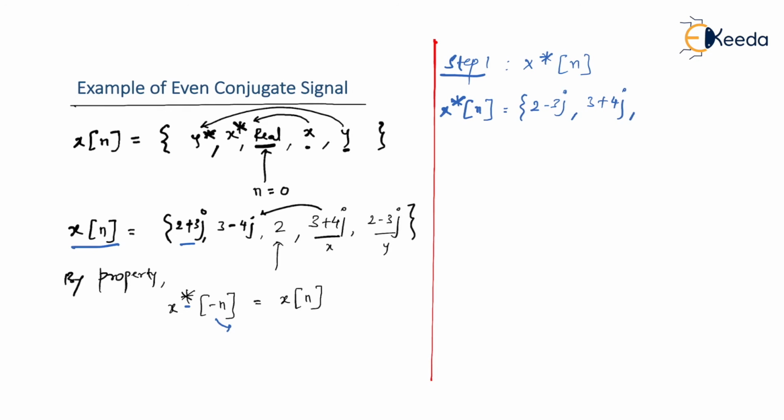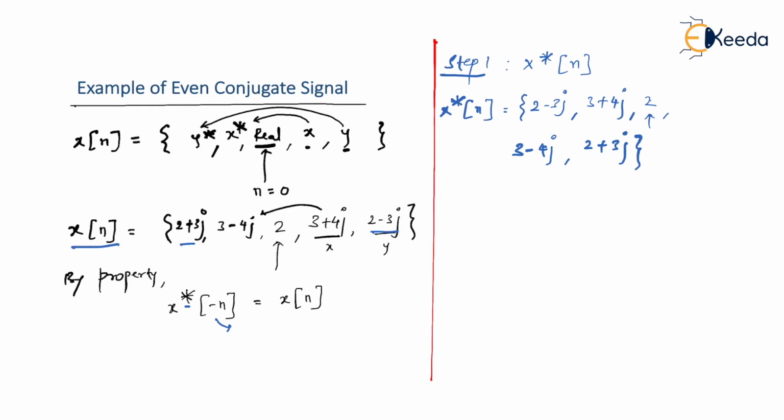After that we have 2. Thereafter I can write 3 minus 4j, and the last component is 2 minus 3j, for which I'll write the complex conjugate, which is 2 plus 3j. So this is step 1.